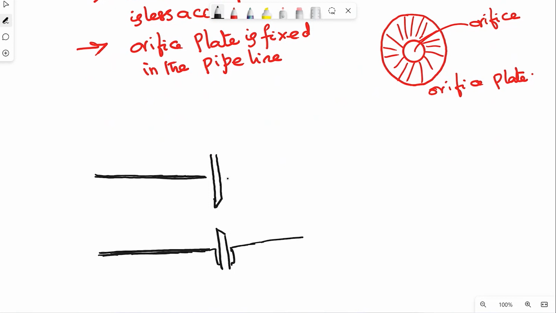So again, this is the pipeline. These are all basically flanges to fix the meter in the pipeline.